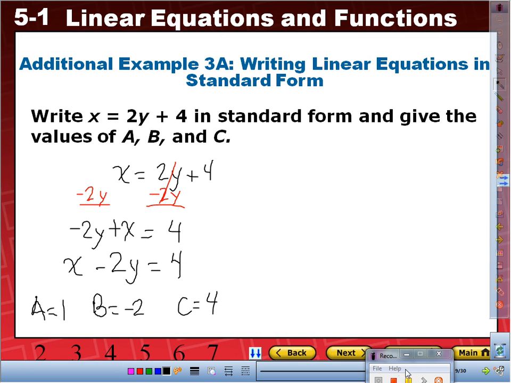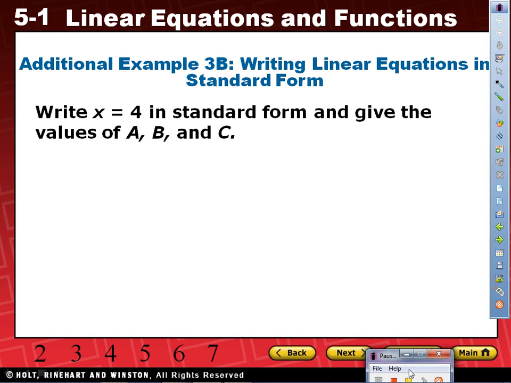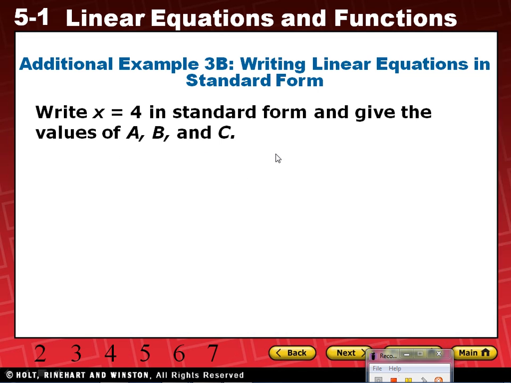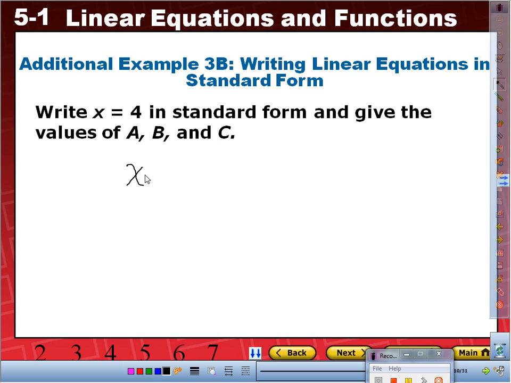Okay, let's do another one. Copy this down, please. Example 3b, and the equation that they give us this time is x equals 4. Think about it. You don't have to write the rest of the text, just write the equation. All right, let's look at this.